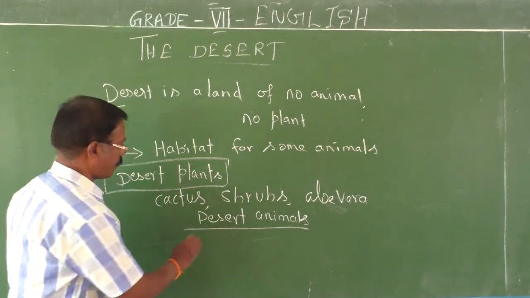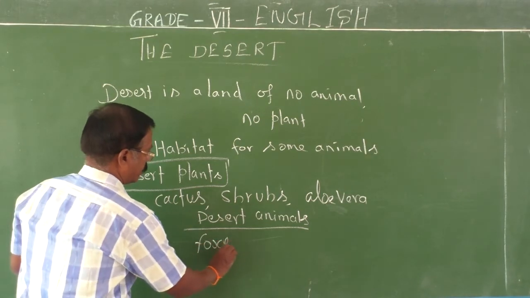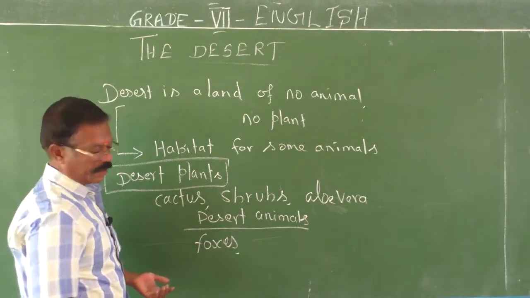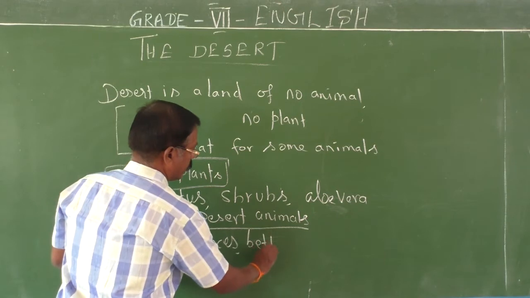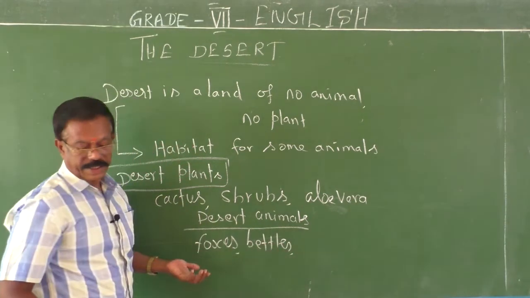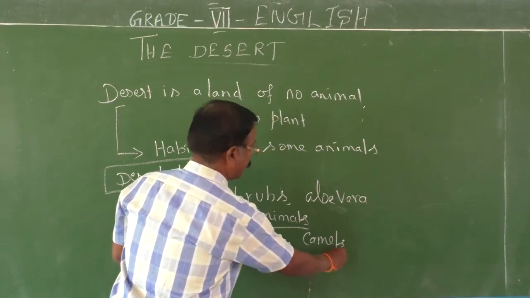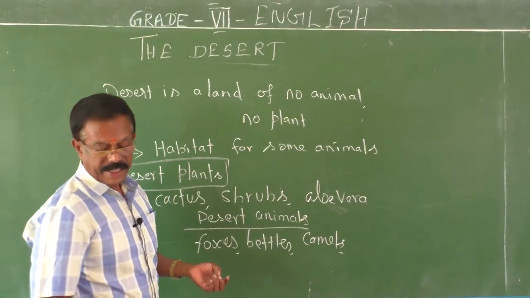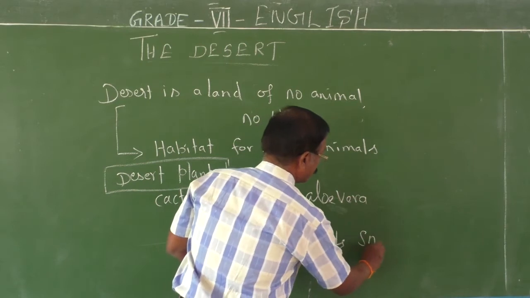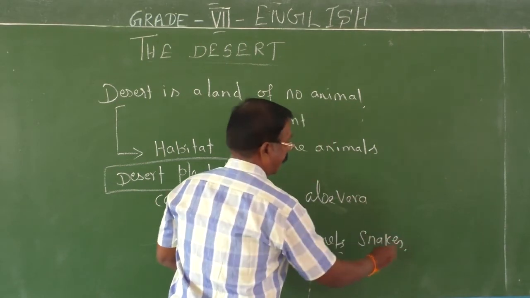See, foxes are living here. Beetles are also living in the desert. Camels, generally called the ship of the desert, snakes and lizards.